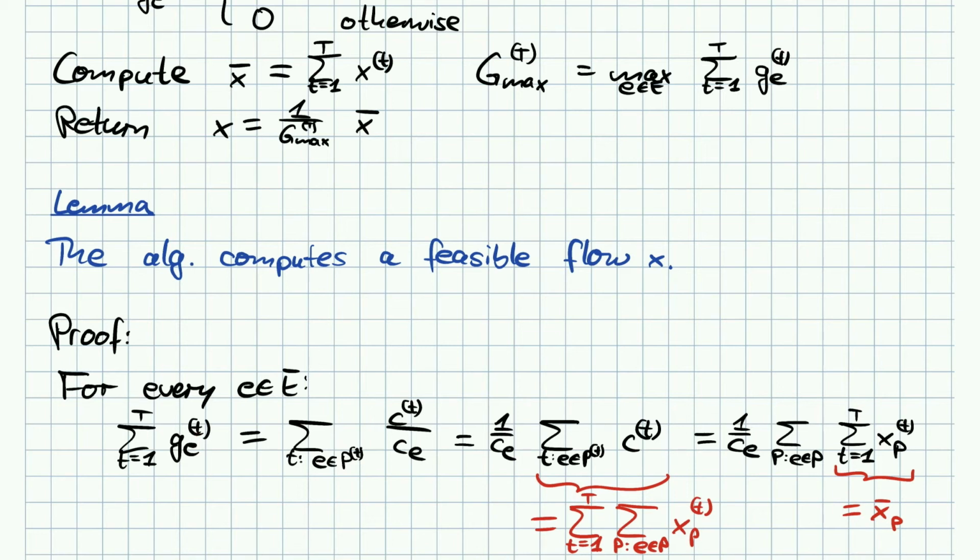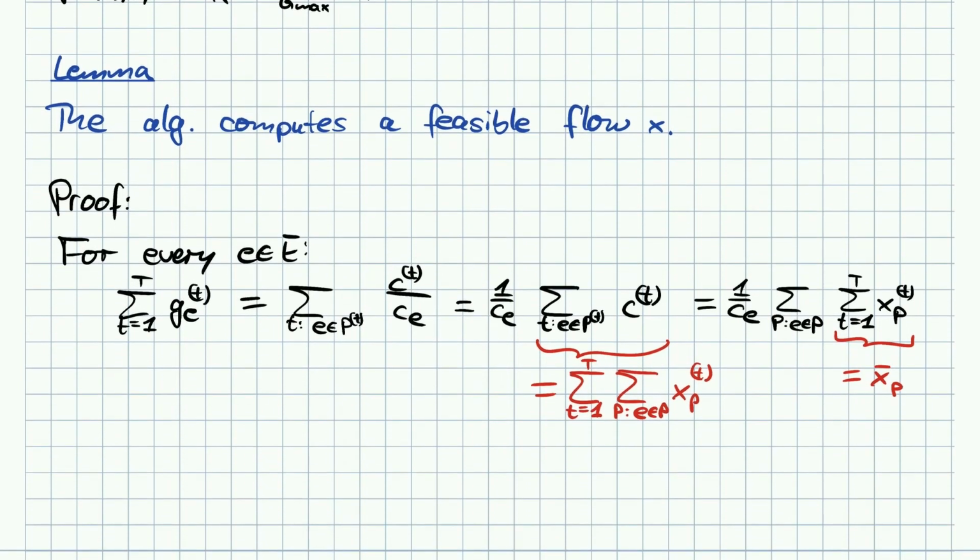And what does this mean for the maximum gain of any edge? The maximum gain of any edge is nothing but the maximum over all edges of this quantity. And what does this tell us?